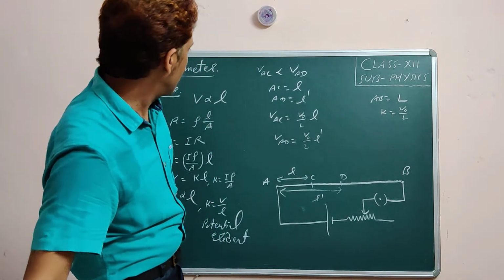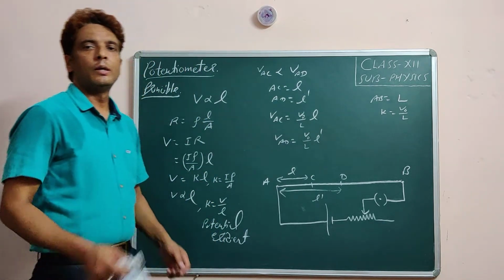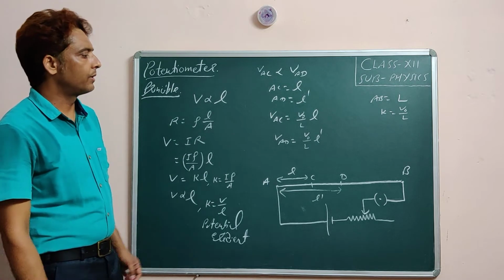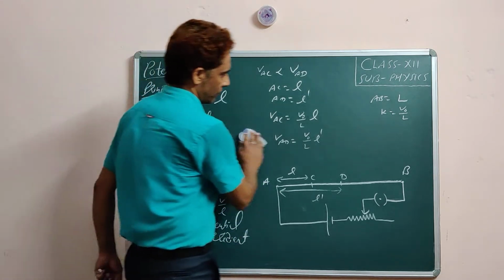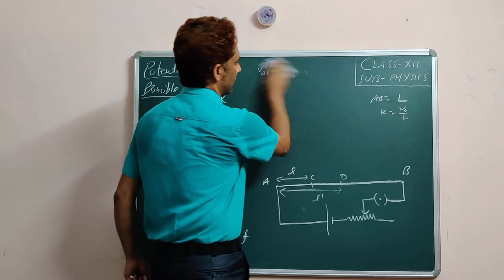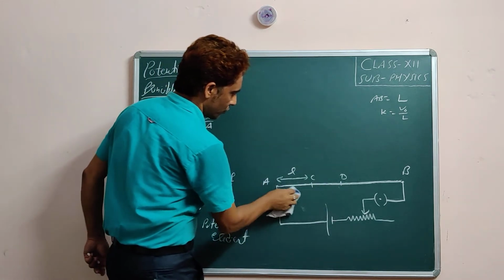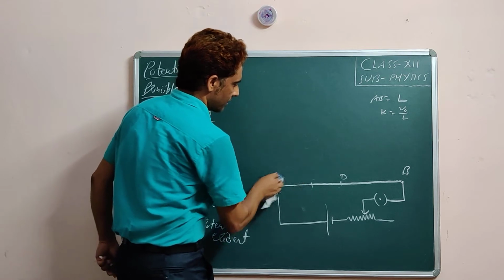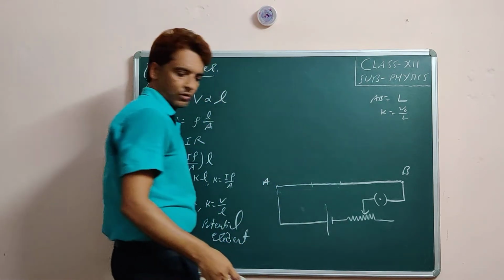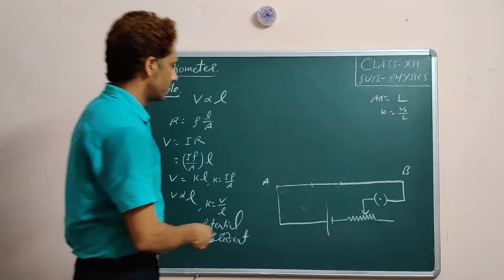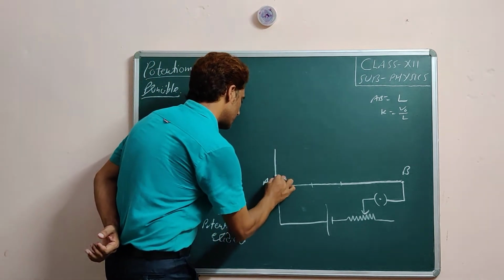Now how this potentiometer is used for measuring potential difference between any two points. Let us understand how it is used to measure potential difference across a circuit or between any two points. So here I consider 2 points.